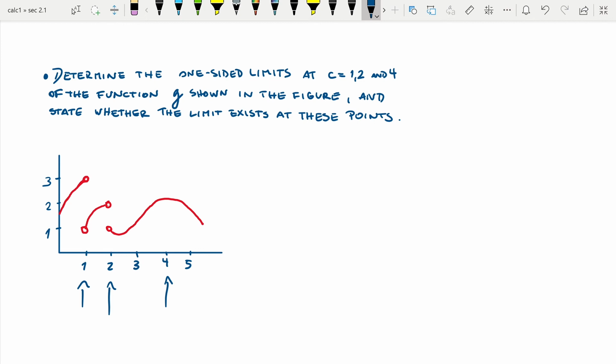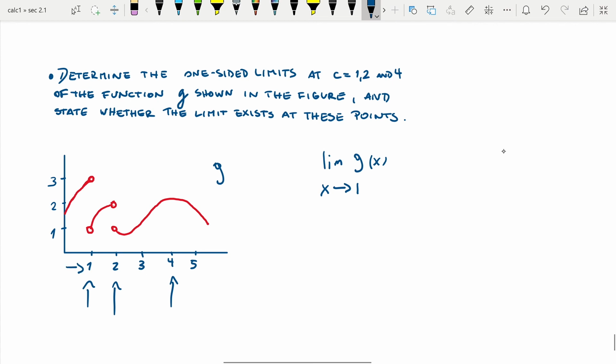Okay, so if we look at x equals c equals 1, the limit of the function g of x as x approaches 1, but from the left, so if we're approaching 1 this way, is equal to 3.